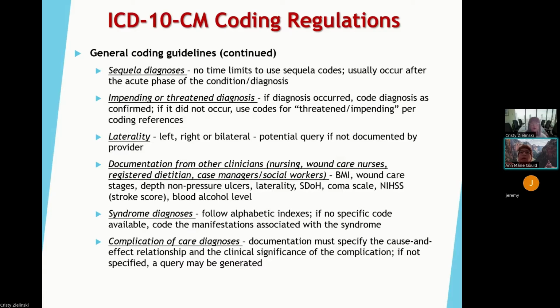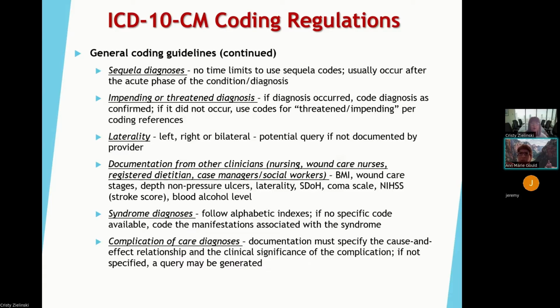Now, your impending or threatened diagnosis. If a diagnosis did occur, then you code the diagnosis as if you confirmed it; you can code it. If it didn't occur, use codes for threatened and impending per coding references. So now we do have codes for threatened or impending diagnoses. That's something that is fairly new; I think in the past couple of years or so they've added that in.